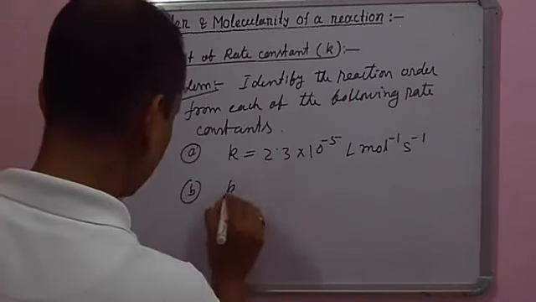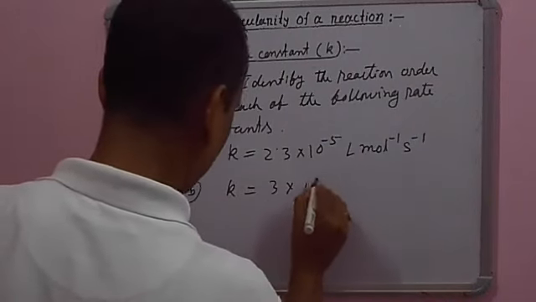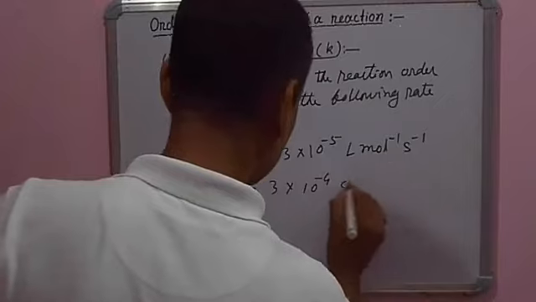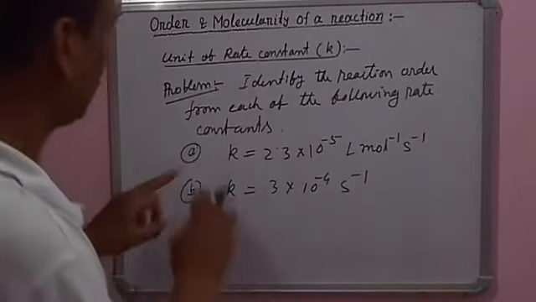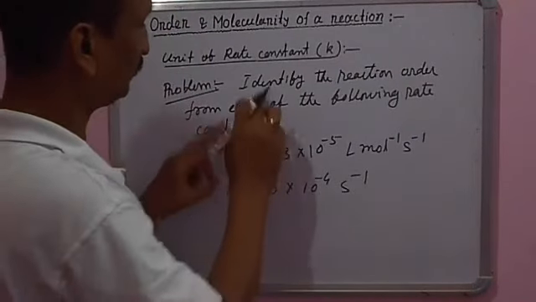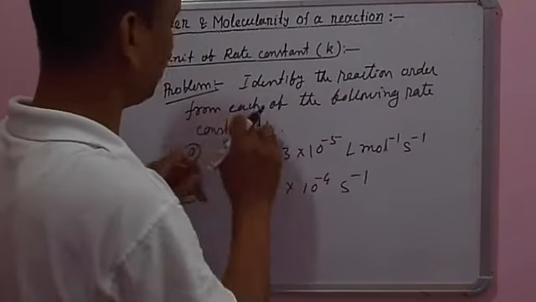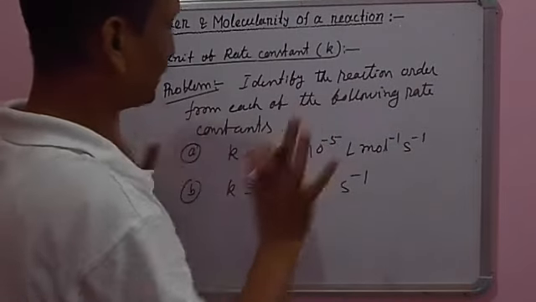B, K equal to 3 into 10 to the power minus 4 second inverse. So now here the rate constant K value and its unit are given, and from that we have to identify the reaction order for the reaction.